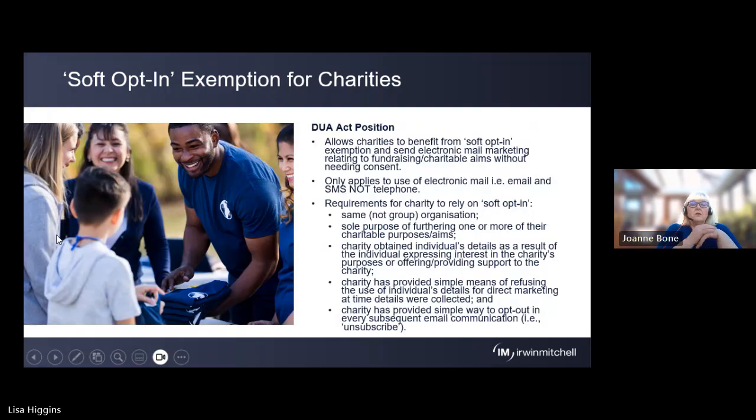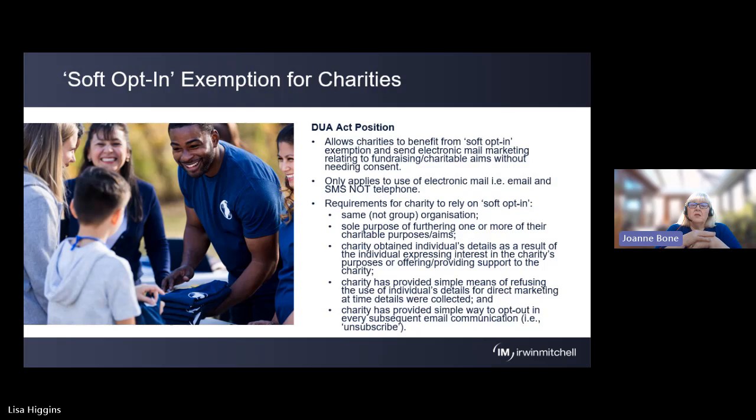So charities can now benefit from essentially a form of soft opt-in. So if a charity wishes to fundraise or to promote its aims and ideals, it can either use consent or it can use the new charitable soft opt-in. And that's very similar to the commercial soft opt-in.